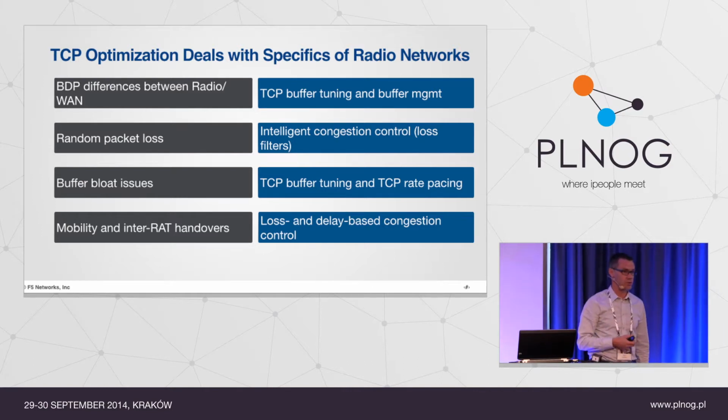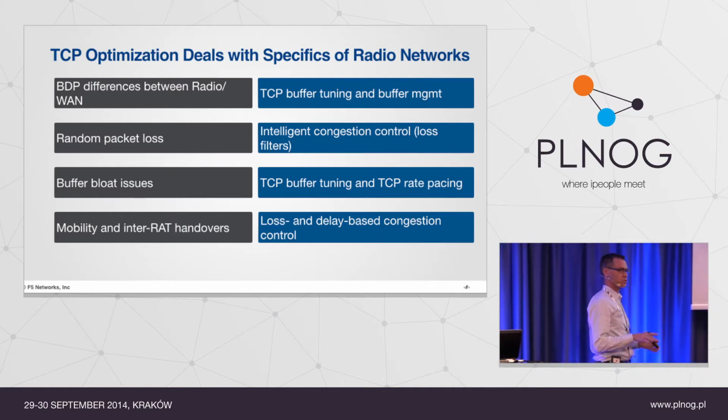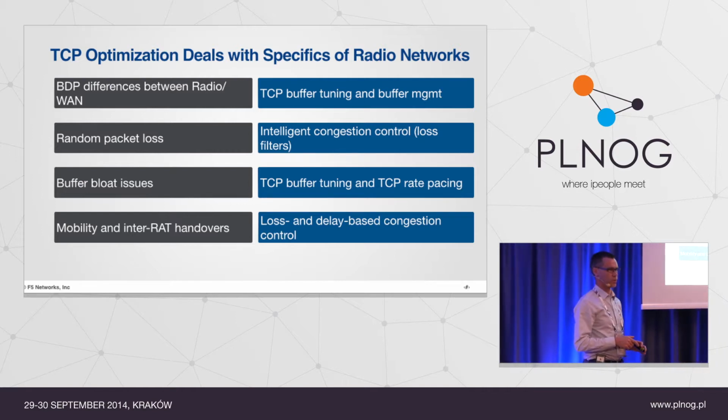The random packet loss, obviously that can be managed by intelligent congestion control techniques, so that you don't immediately reduce your congestion window in half when you see one random packet being dropped. Buffer bloat issues, so if you're ever interested in buffer bloat, do a search on the internet, you'll find loads of research papers on this.